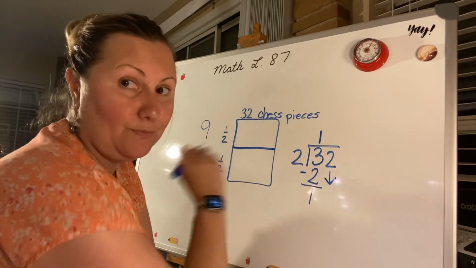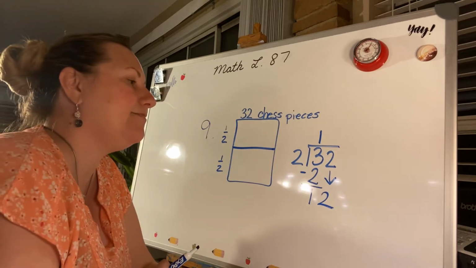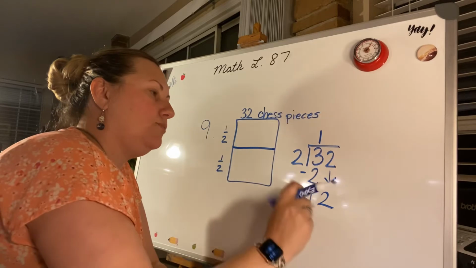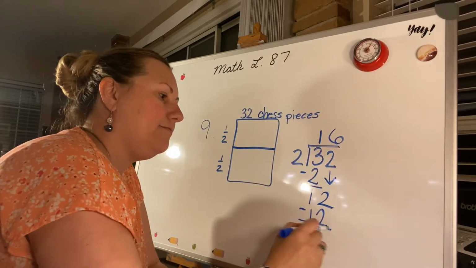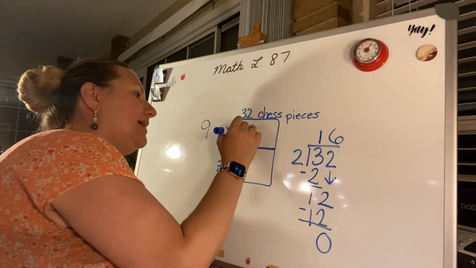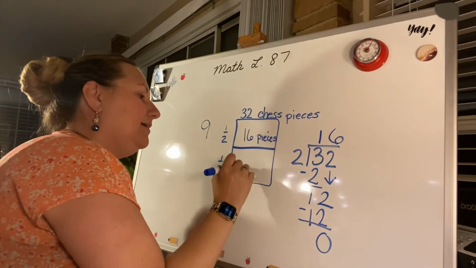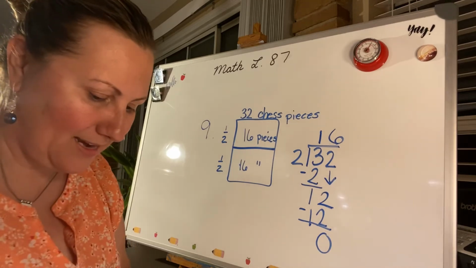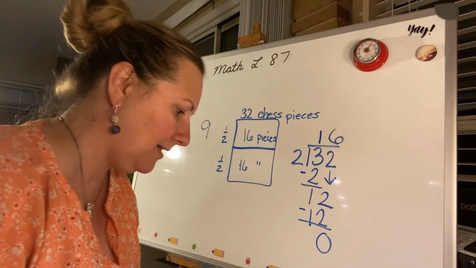Bring down the 2, and we put that 2 right there. And now I'm hoping you immediately think, oh, 6 times 2 is 12. 6 times 2 is 12. Write that down. I have no remainder. This means that there are 16 pieces that make a half here, and another 16 pieces that make the other half there. And now we have drawn a picture to illustrate the problem.